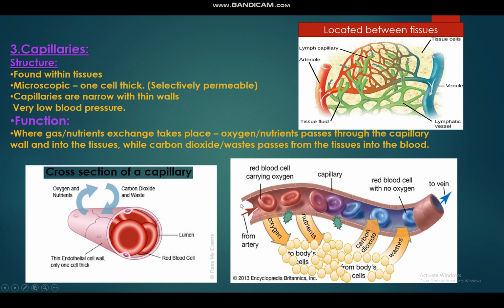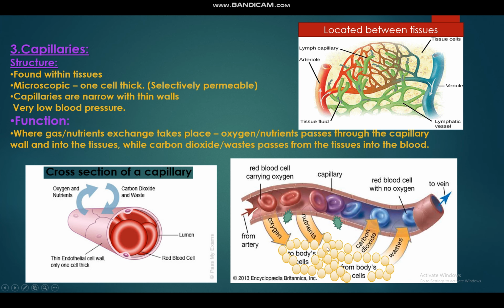From the artery the blood is passing, carrying oxygenated blood, and this oxygen is carried by the red blood cells. The plasma contains the nutrients, and because the wall is one cell thick, the oxygen and nutrients pass through the wall of the capillary into the body tissues.